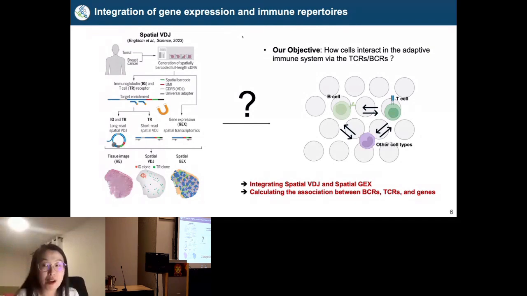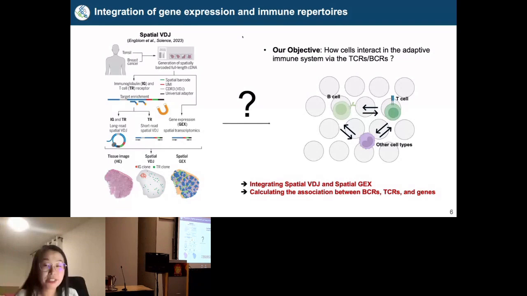However, there is still a lack of effective methods to study how T and B cell functions and interact through this spatial multimodal data. So this is our motivation and objective.